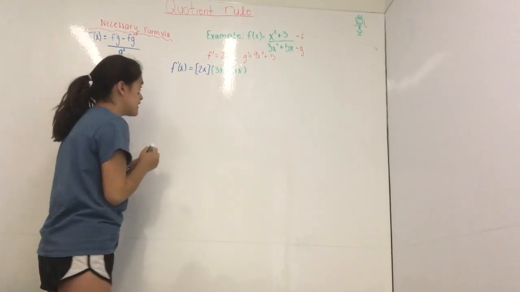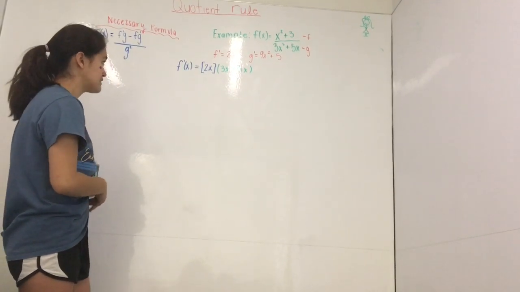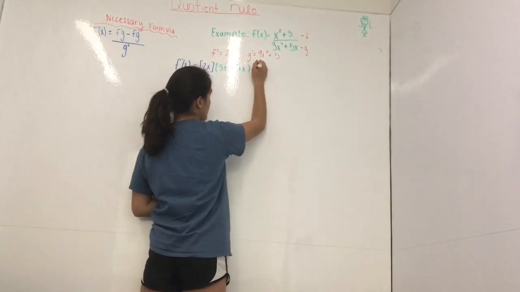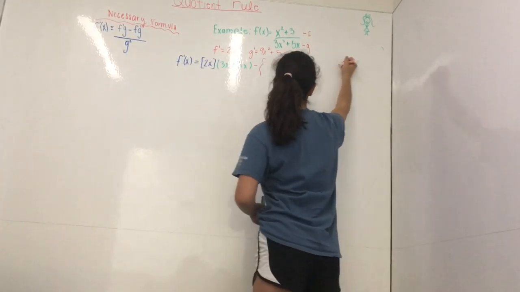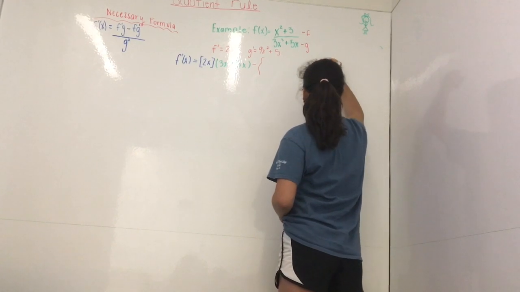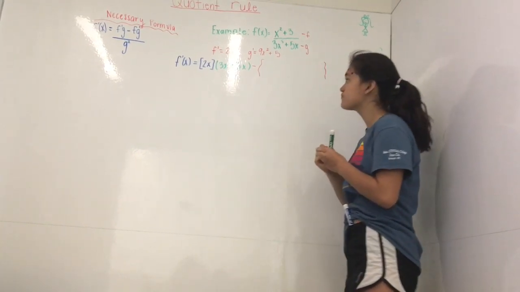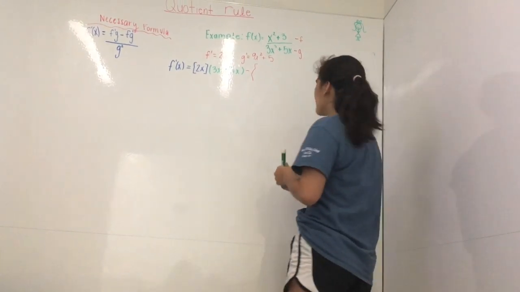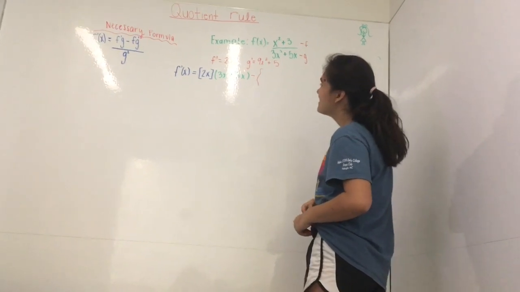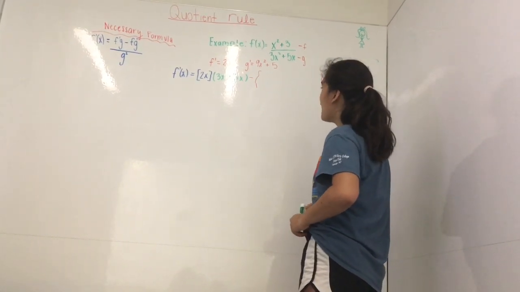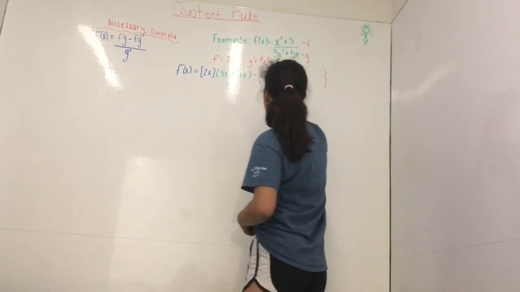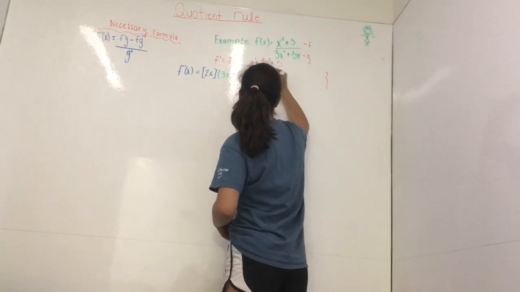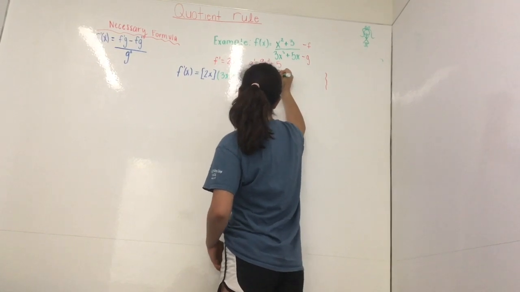Then we are subtracting, so we are going to put curly brackets, and we are going to have that multiplied by f, which is just a simple x squared plus 3.